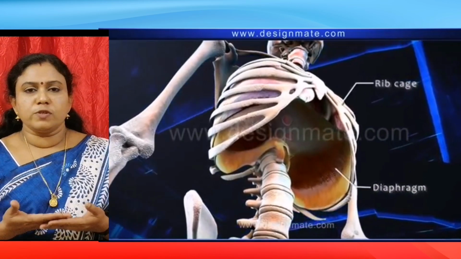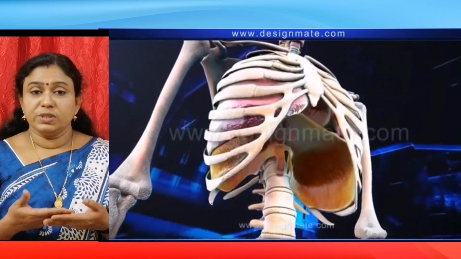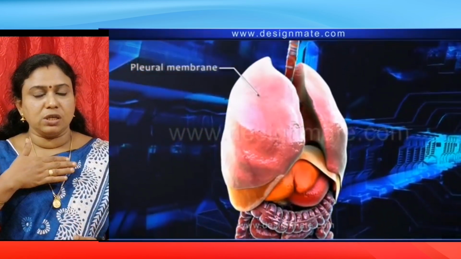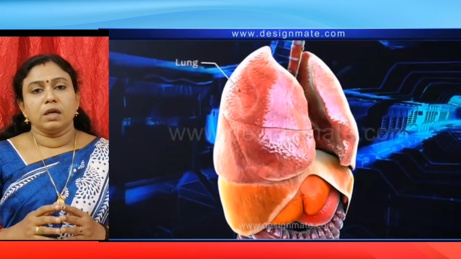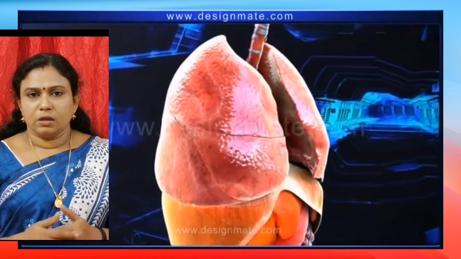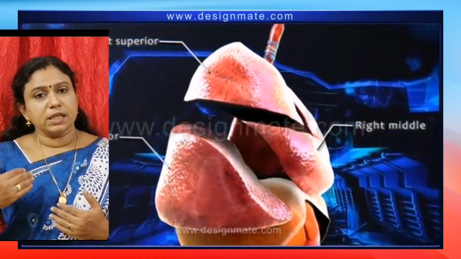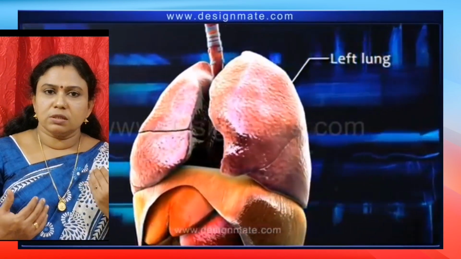The lower surface of the lungs rests on the diaphragm, which is a dome-shaped fibrous membrane which separates the thoracic cavity and the abdominal cavity. There is a pair of lungs, a right lung and a left lung. The right lung is bigger and composed of 3 lobes, and the left lung is slightly smaller and composed of only 2 lobes.